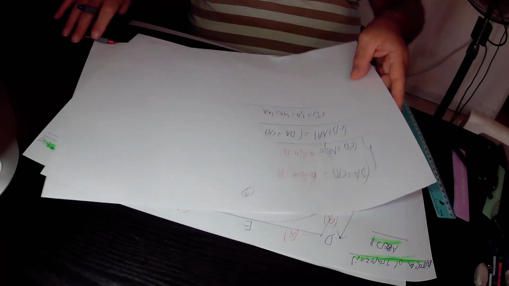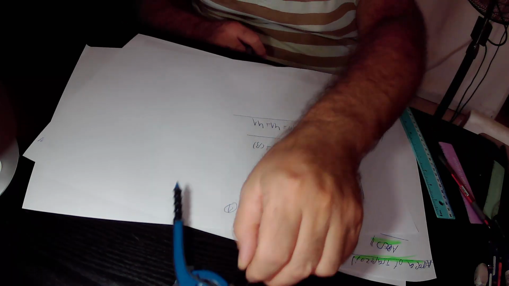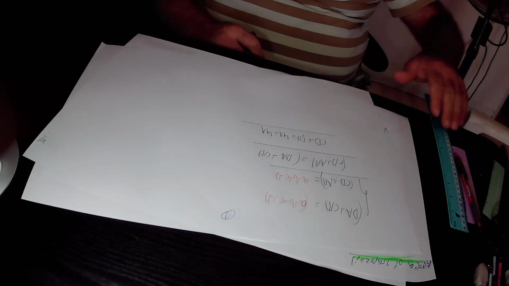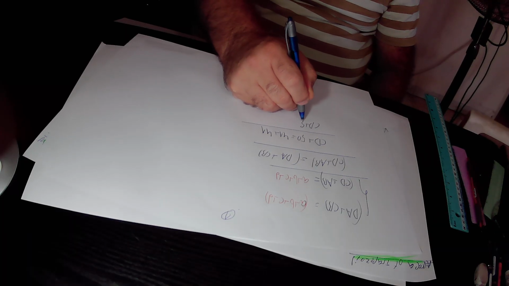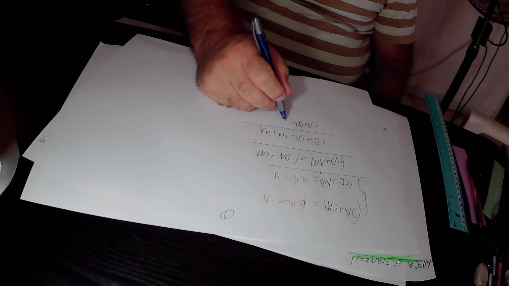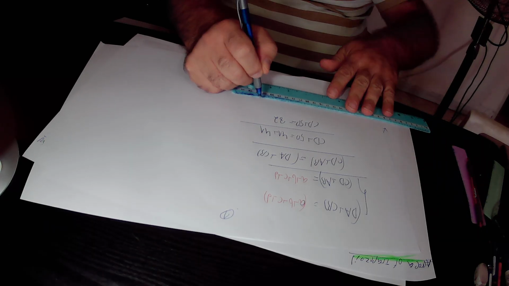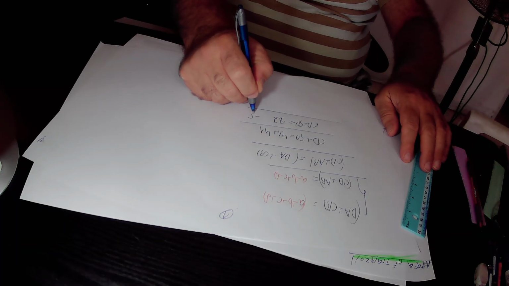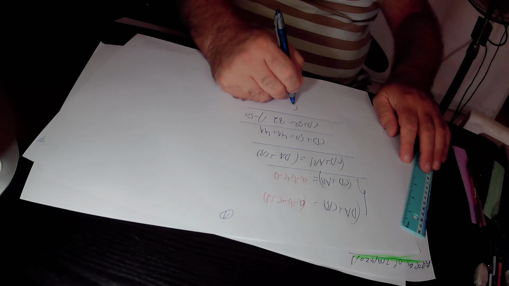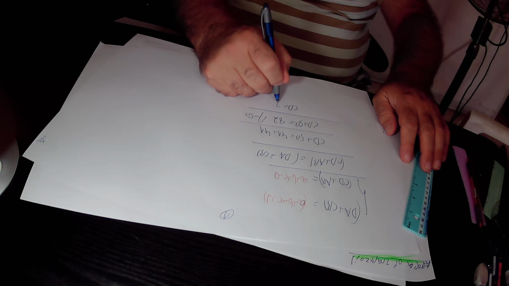So CD plus 50 equals 41 plus 41, which is 82. So CD plus 50 equals 82. Here we subtract 50 from this equation, and we get that CD equals 82 minus 50, which is 32.